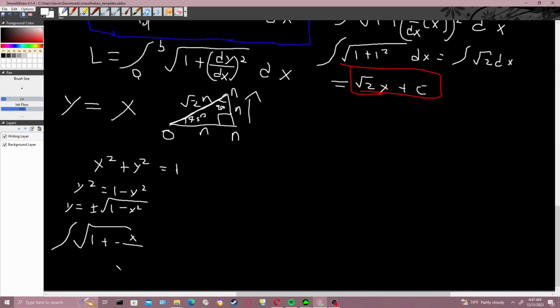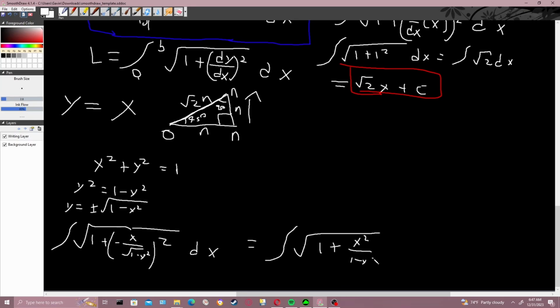The negative doesn't even matter, so I could have just ignored it even with the mistake, squared dx. Cool, cool, cool. Equals the integral of the square root of 1 plus x squared over 1 minus x squared.